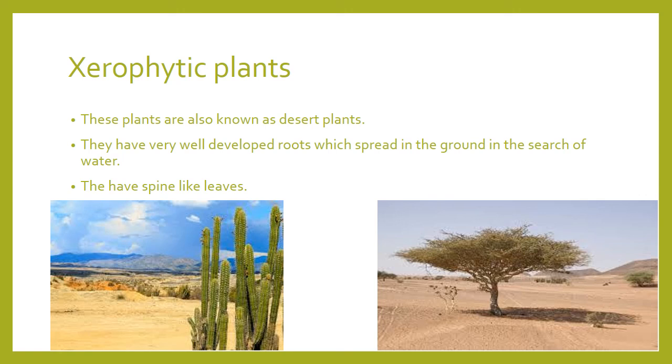In the desert area there is a lack of water, so just to stop the water loss, their leaves are converted into spines, and the photosynthesis process is done by the stems. The stem of the cactus plant is green and also contains chlorophyll, so this stem does the process of photosynthesis.